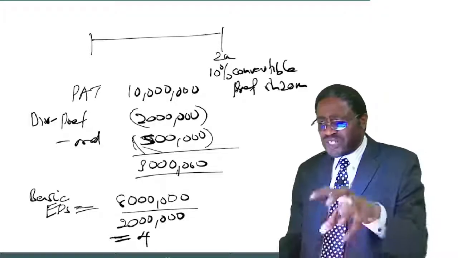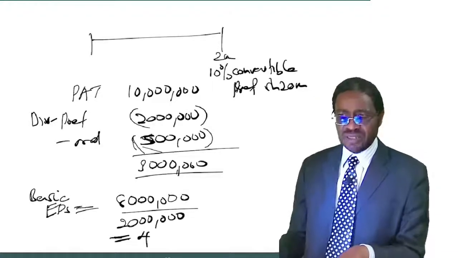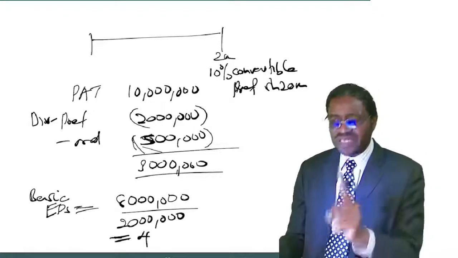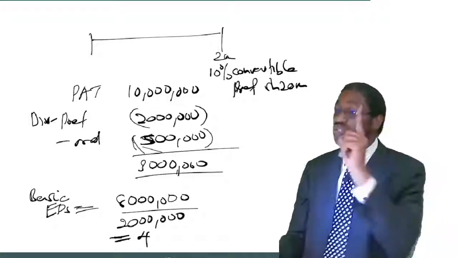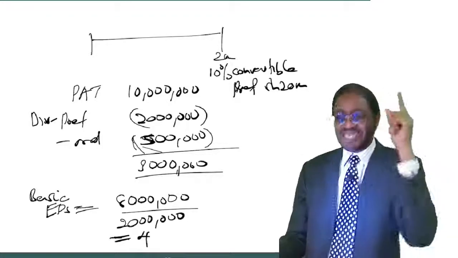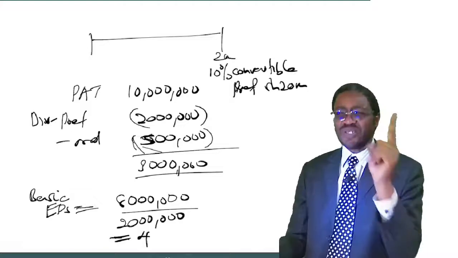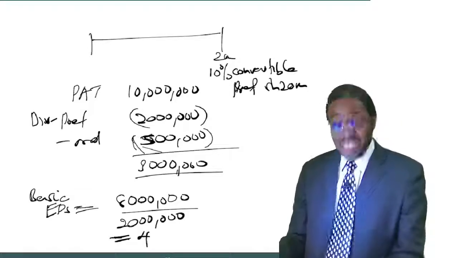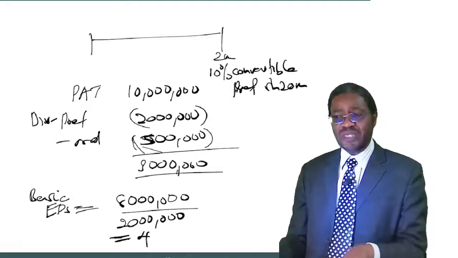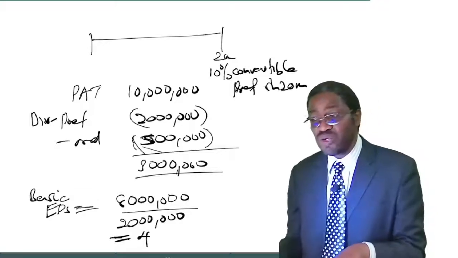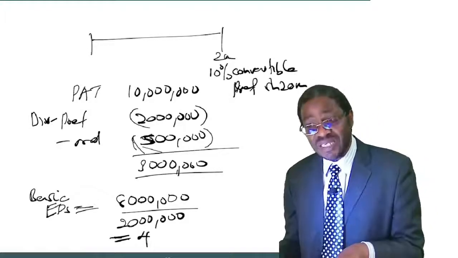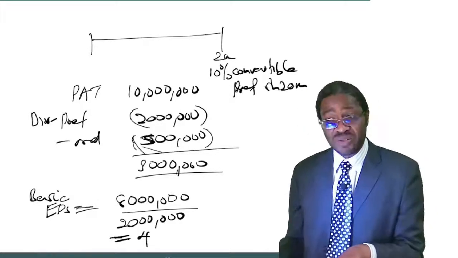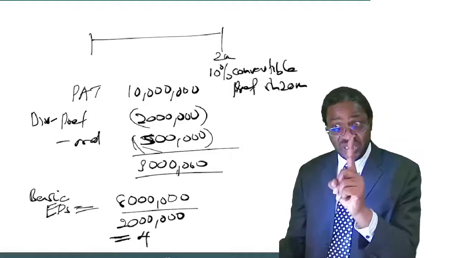Had the preference shareholders converted their preference into ordinary, this year we as a company would not have paid them that preference dividend of 2 million. We would have saved it.